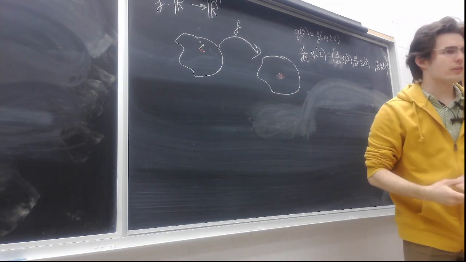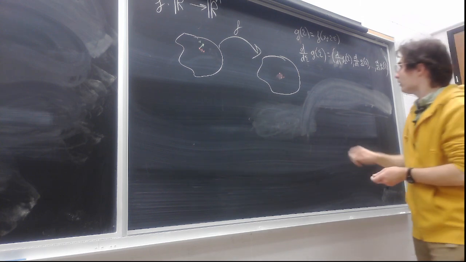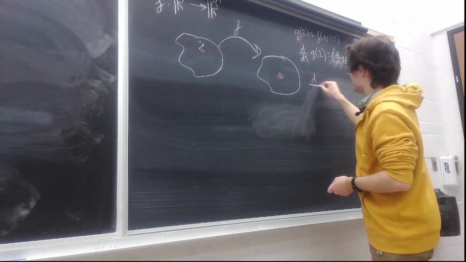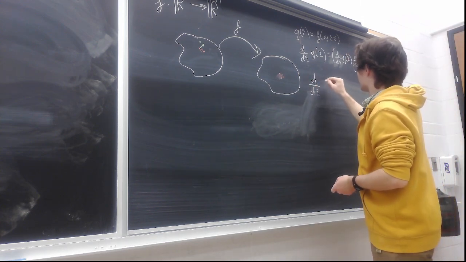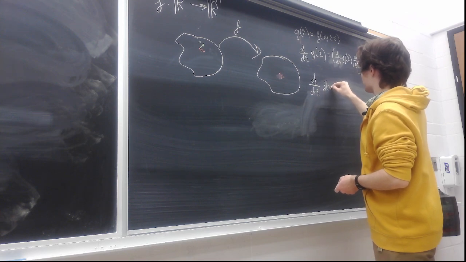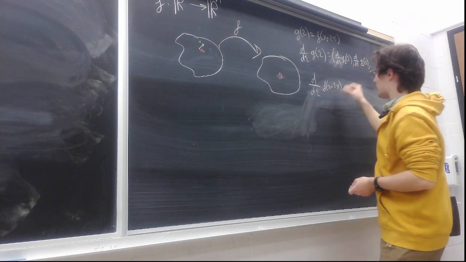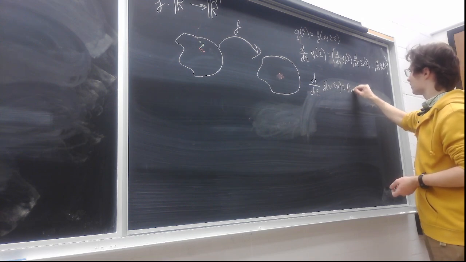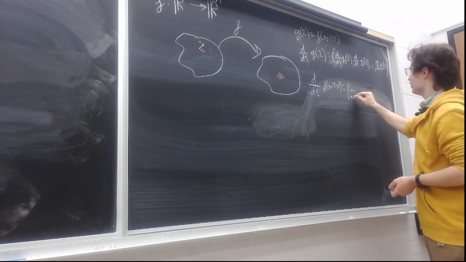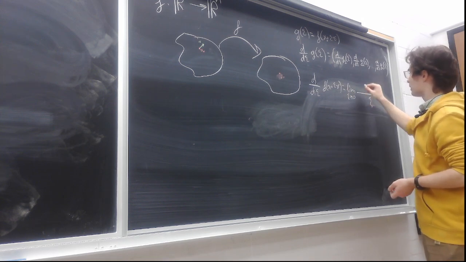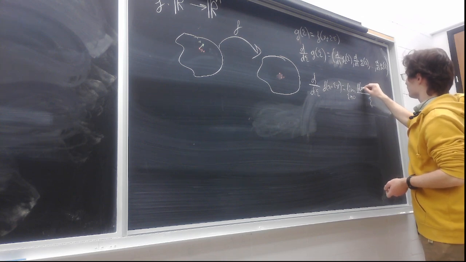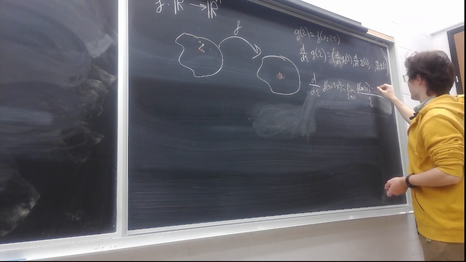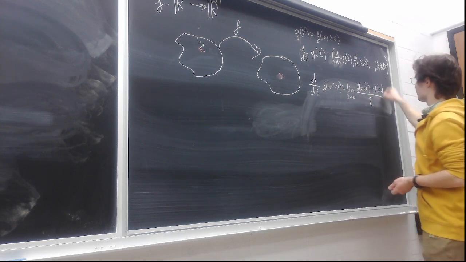Let's remember what the derivative is. A derivative, so d epsilon of f, as epsilon goes to 0, of f of x plus epsilon v minus f of x. Agree?